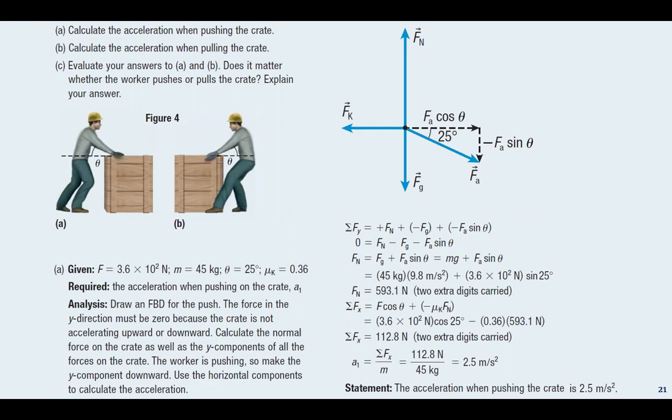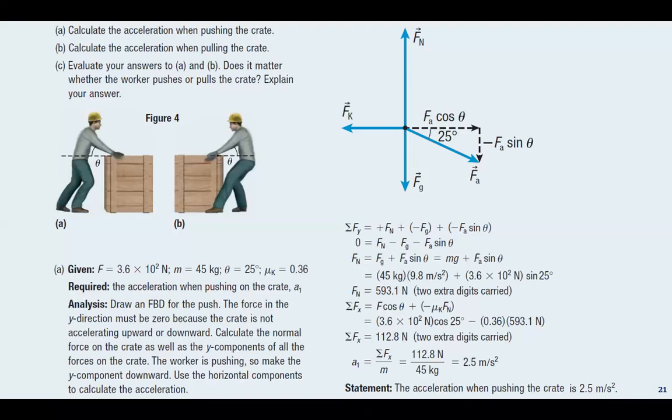Put all the values in, we have the normal force is about 593.1 newtons. And the net force on the x-axis is F cosine theta minus mu k Fn. Again, put all the numbers in, we have the net force along the x-axis is about 112.8 newtons.